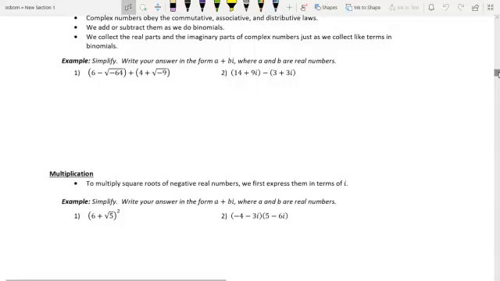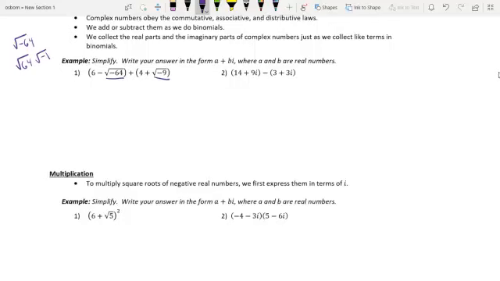The first thing I need to do is rewrite this square root of -64 and this square root of -9 in terms of i. Now recall that the square root of -1 is i. So the square root of -64 is the same thing as the square root of 64 times the square root of -1.